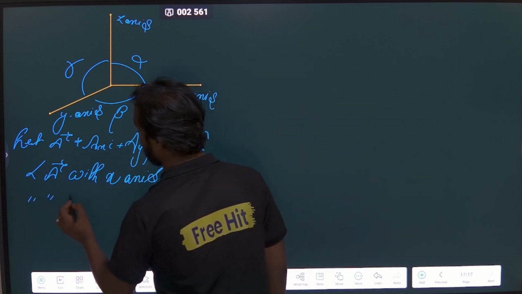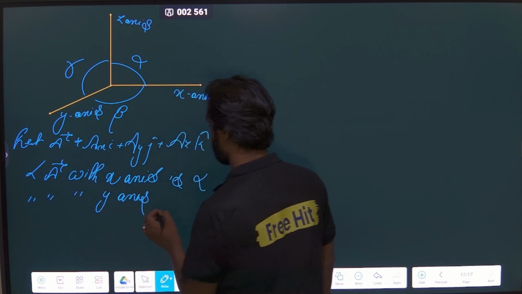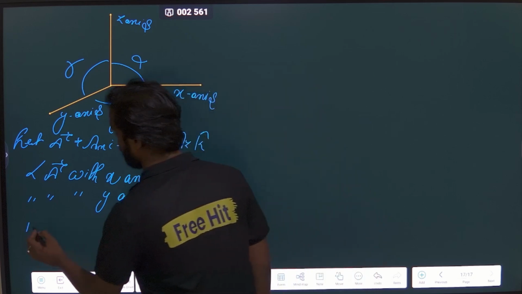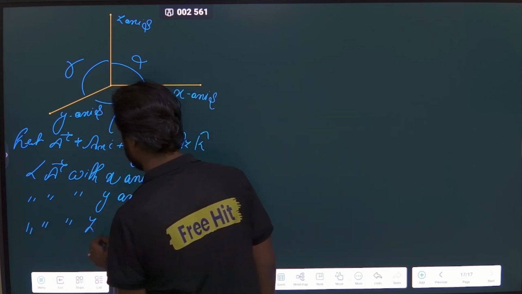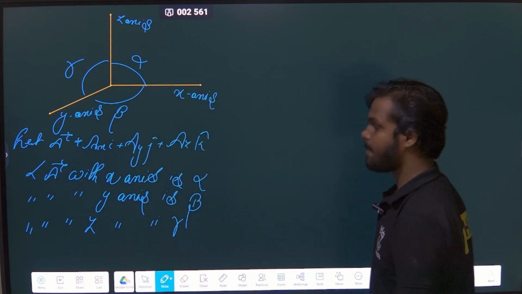Similarly, the angle with the y-axis is beta, and similarly, the angle of a with the z-axis is gamma.